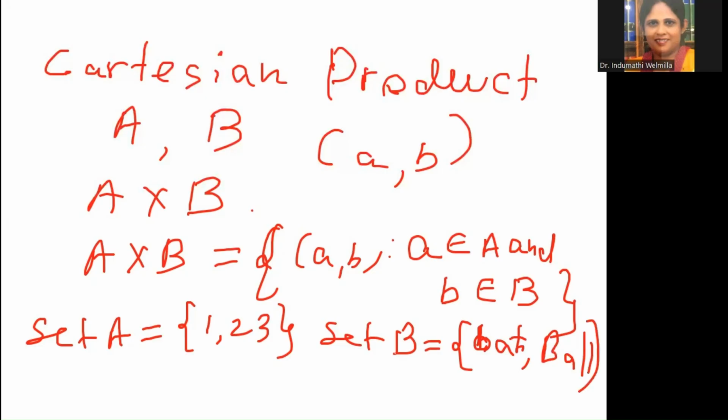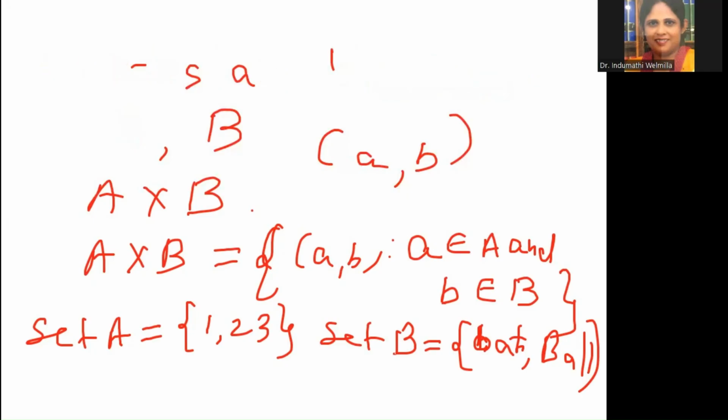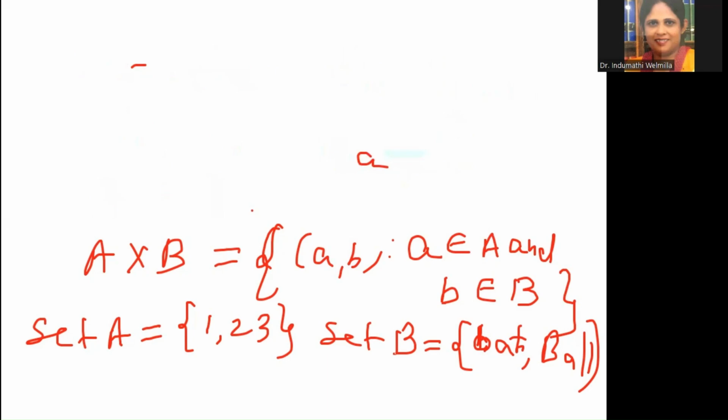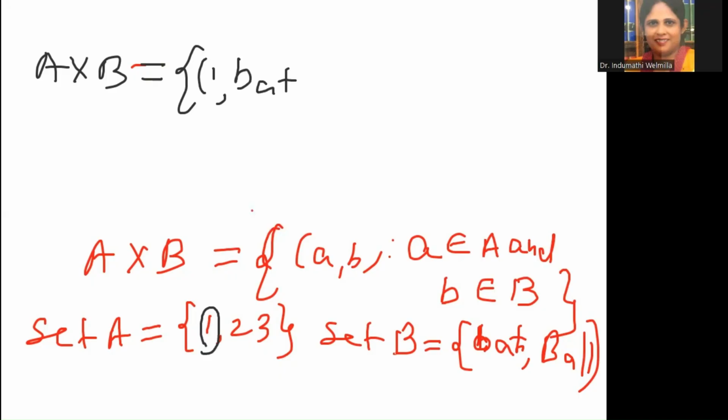Then A multiplied by B is: for set A, 1 and bat from set B, then another object can be 1 and ball.